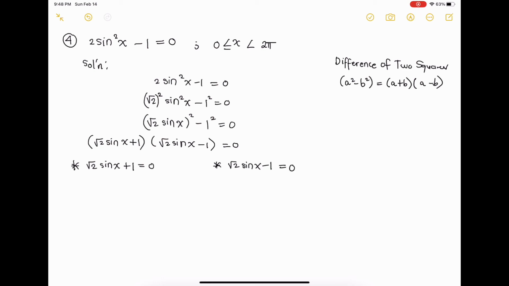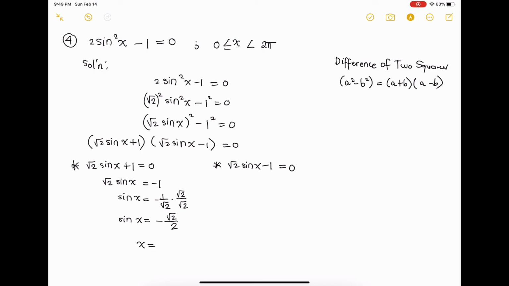Solving for x for the first part, we have square root of 2 sine x equals negative 1. Applying the subtraction property, divide everything by square root of 2. That becomes sine x equals negative 1 over square root of 2. Rationalize, multiply by square root of 2 over square root of 2. Sine x now becomes negative square root of 2 over 2. Solve for x.